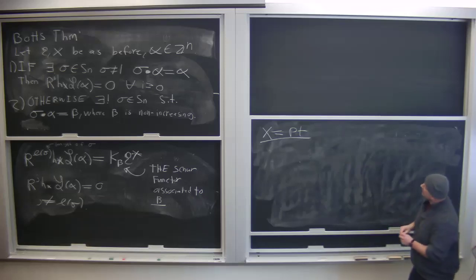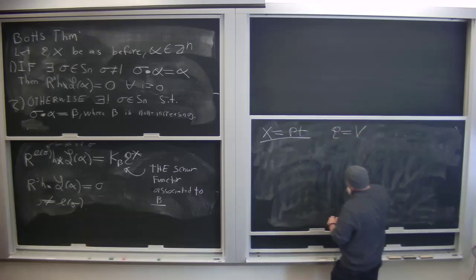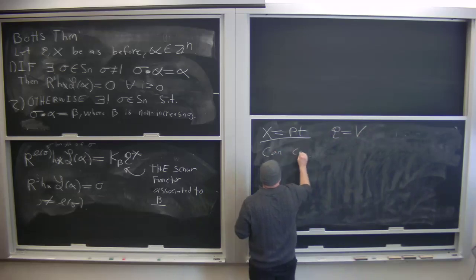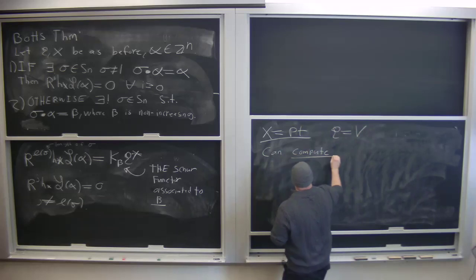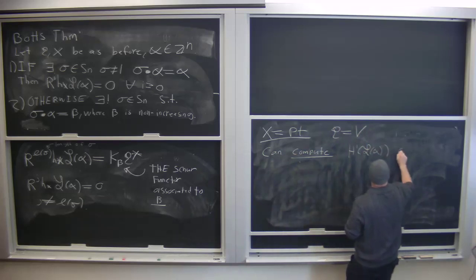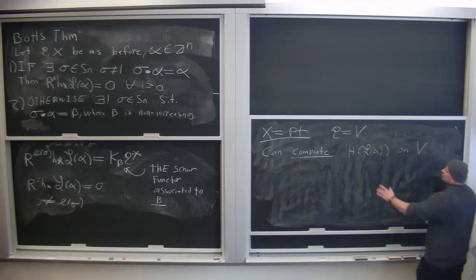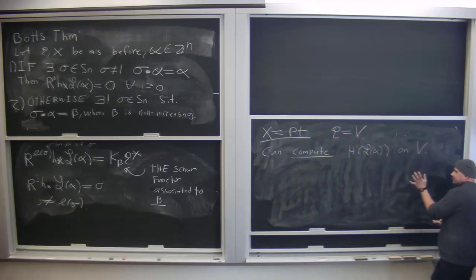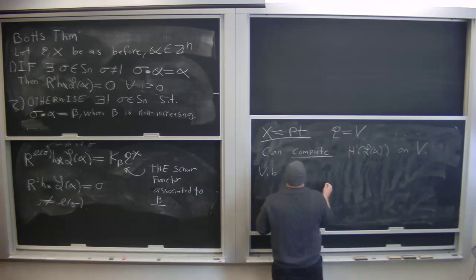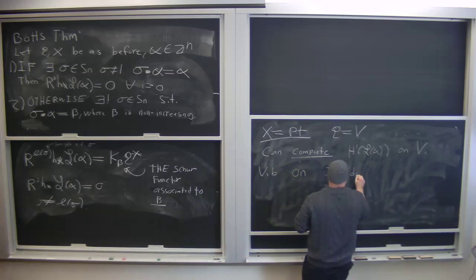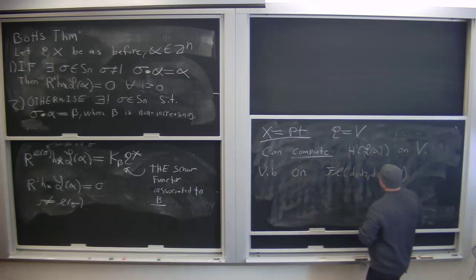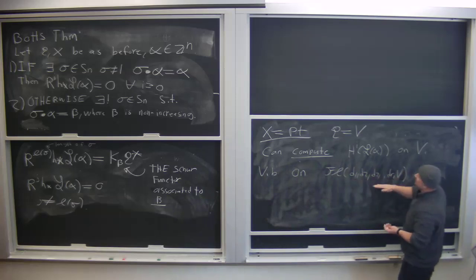Let's take X to be this point, and now this is V. So I can compute the higher cohomology on V. But maybe I want to be able to say something about vector bundles on, use this to get some information about things on this partial flag variety.